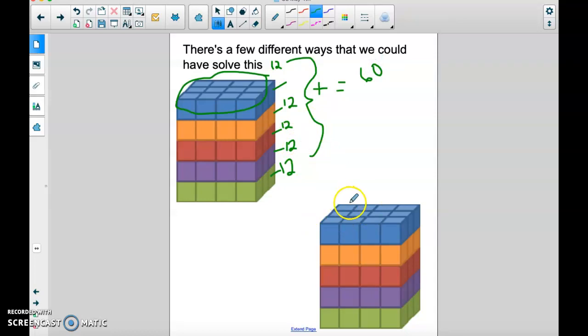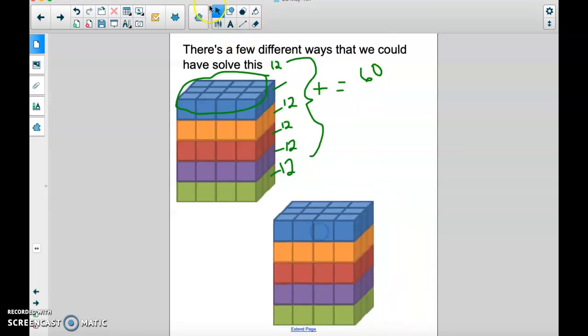Similarly, people go, all right, here I know this is a 3 by 1, 2, 3, 4, 5. So I know that there are 15 cubes here, right, in this row.